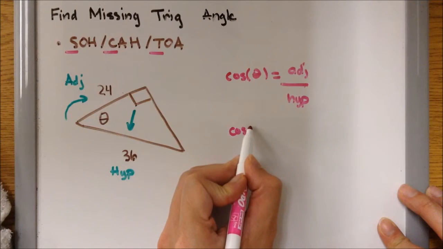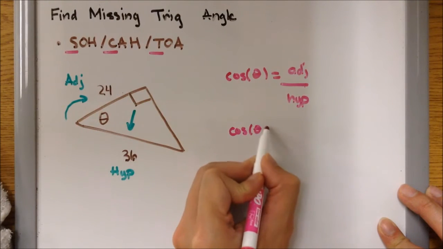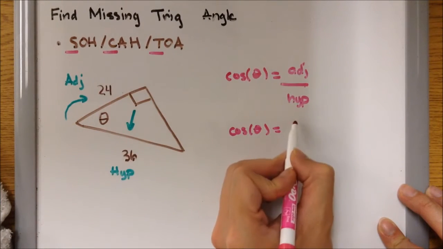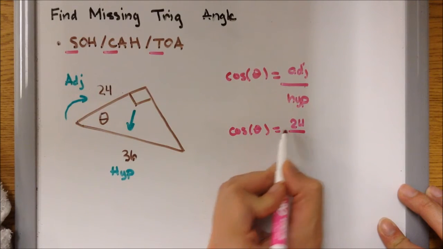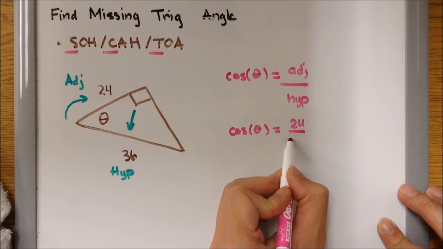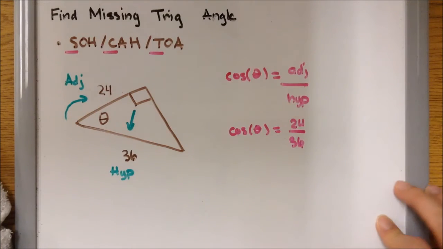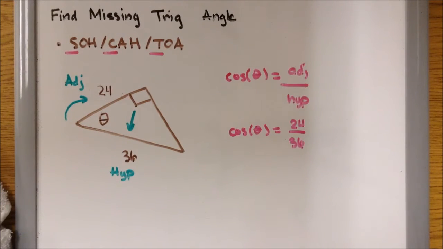Alright, so I'm going to plug it in. Cosine theta is equal to my adjacent, which is 24, over 36. Now, 24 and 36 you can actually simplify because they have a common factor, which in this case is 6.